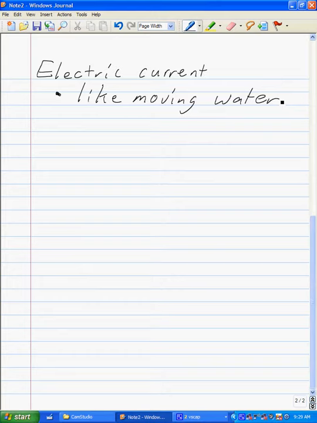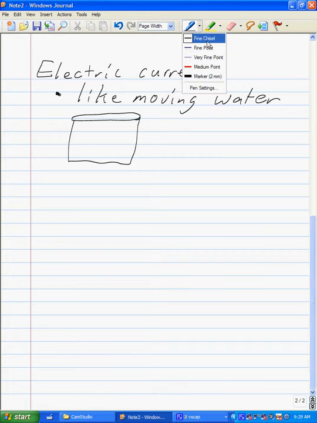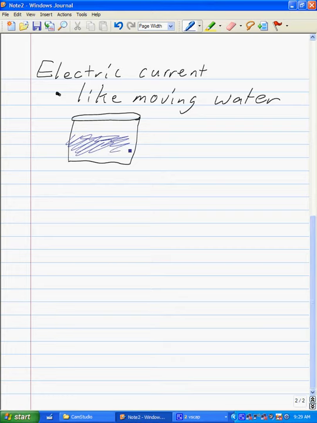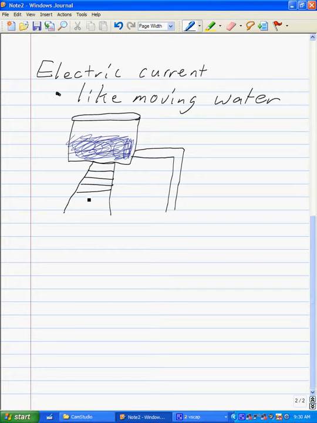Just like if I have a bucket of water, so here's a bucket full of water, and I'm going to attach a pipe to that, and put it up on a ladder so it's above the ground.